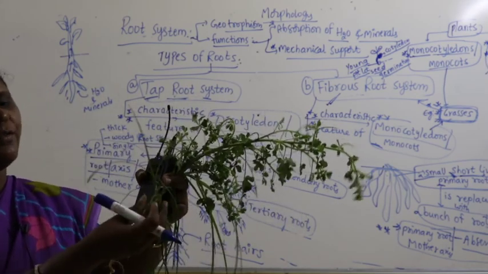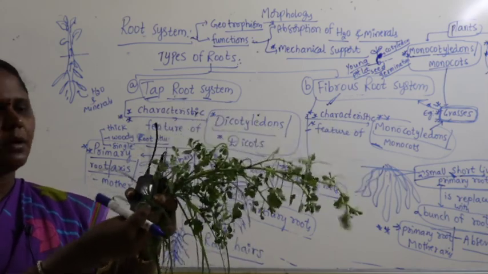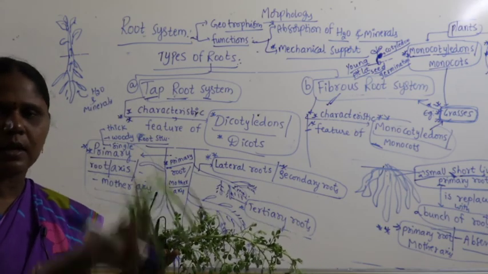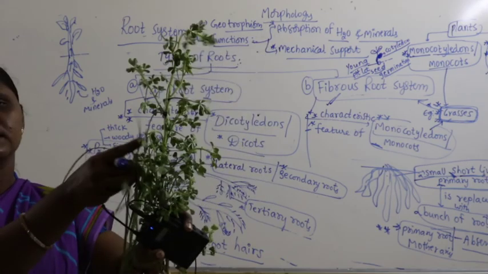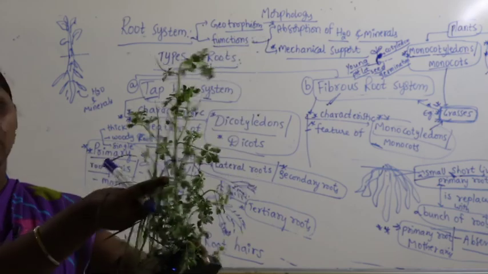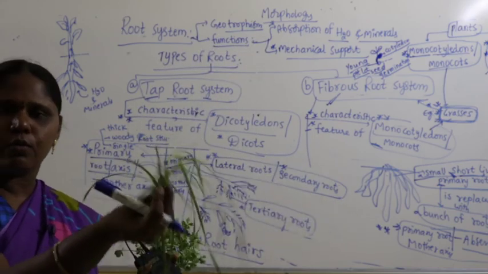Monocots have a fibrous root system, so a bunch of roots come out here. The fibrous root system exists in monocots, for example grasses, and the taproot system exists in dicots. Taproot system is the characteristic feature of dicots, and fibrous root system is the characteristic feature of monocots.